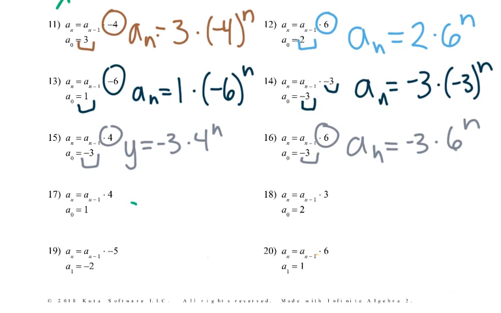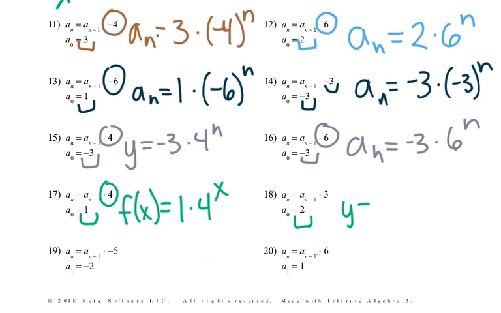Okay, 17, if I wanted to, I could go f of x equals my start, 1, times my growth, 4 to the x power. Okay, 18, I can do the same exact thing. Start at 2. Maybe I want to go y equals this time. Start at 2 times by 3 to the x power.